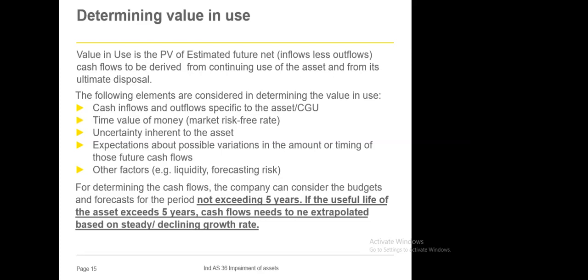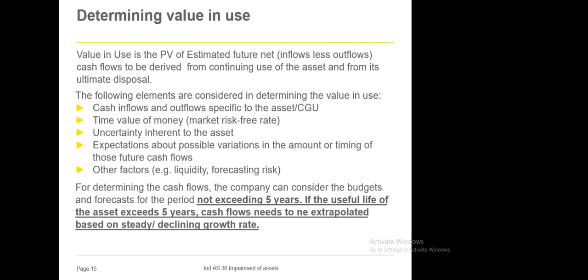So to calculate the estimated future net cash flows, you need to calculate what is going to be my inflows for the next few years and what is going to be my outflows for the next few years, and then you need to calculate the value in use.